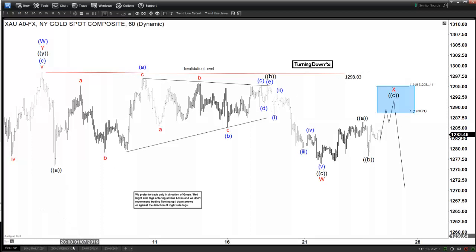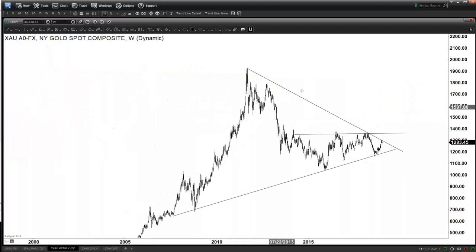If we look at the higher degree time frame, this is the weekly chart. You can see gold has been in this consolidation for the past 5 or 7 years. It's a very big and long consolidation, and with the classical pattern, this looks like some sort of bottoming process, an inverse head and shoulders.